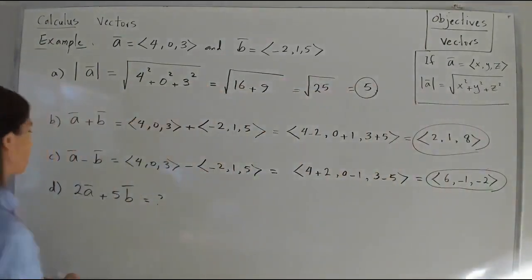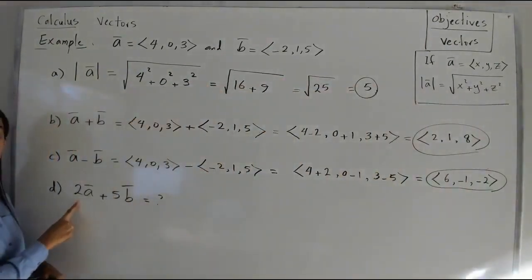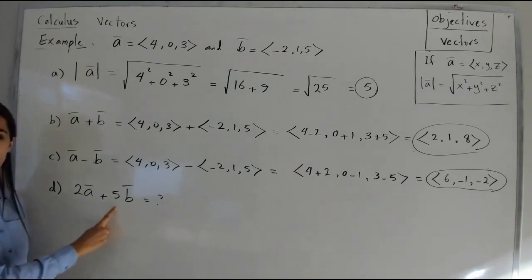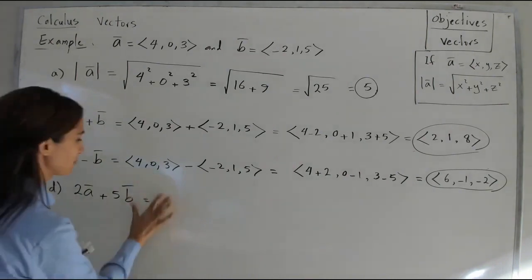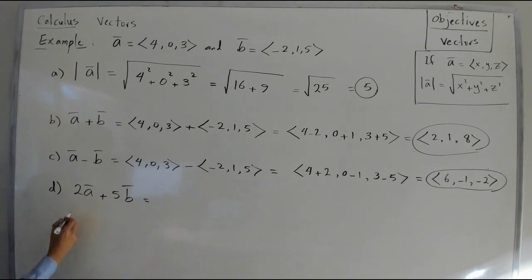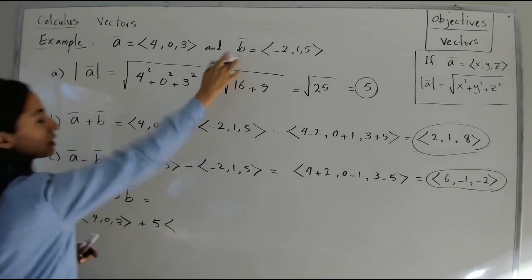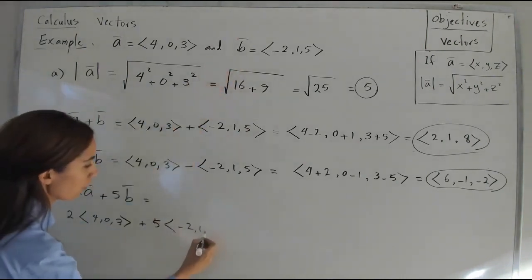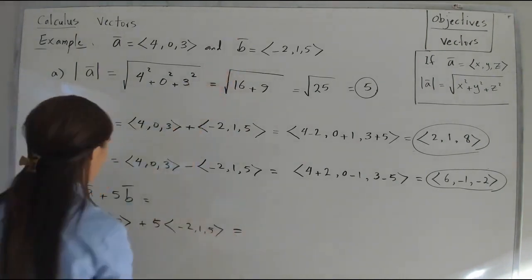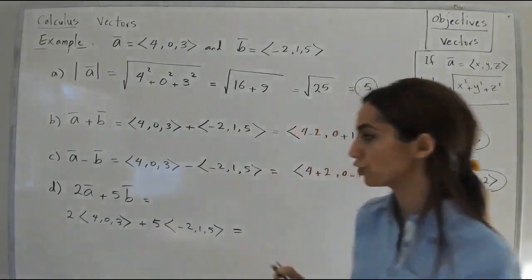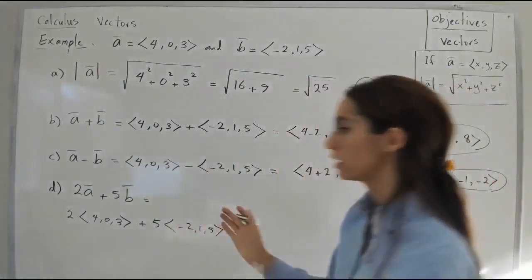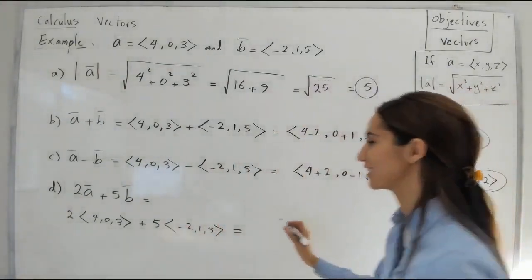And finally, what if I multiply the first vector by 2, the second vector by 5, and add them together? Very well, here you have 2 times the components of vector A, 4, 0, 3, plus 5 times the components of vector B, second vector, negative 2, 1, and 5, which is equal to, so we're going to distribute 2, then distribute 5, and add the components together.